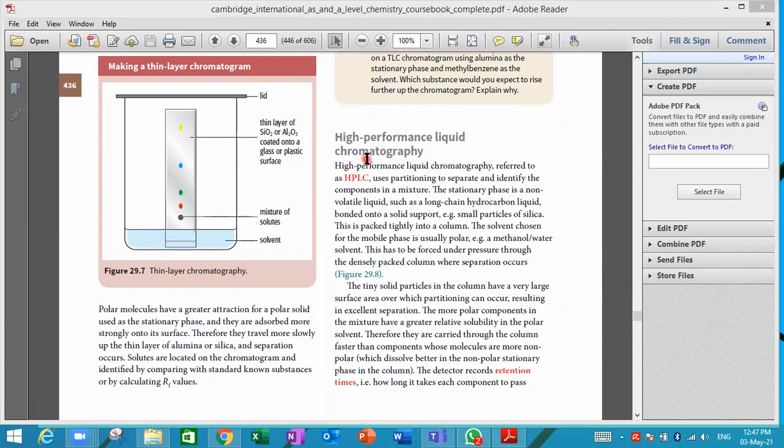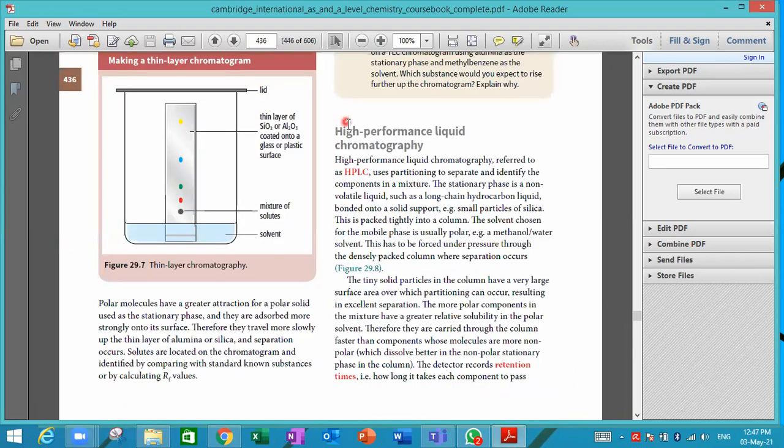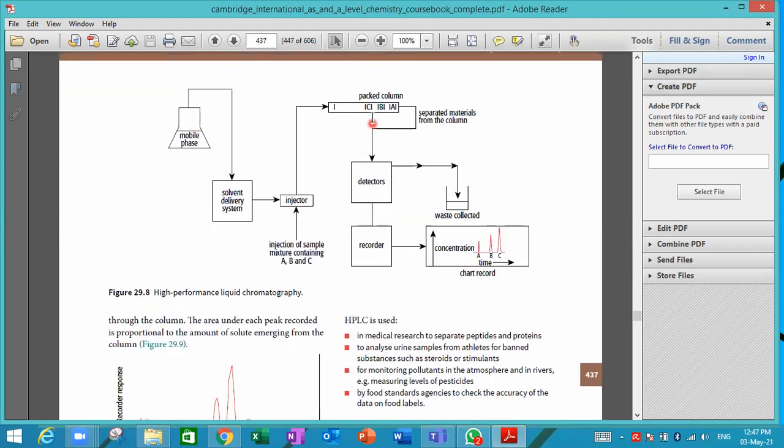In high performance liquid chromatography, we bring a column, okay? And we are going to fill this column with silica or with alumina, and these two have very, very fine particles. So this is the column that we are going to fill.